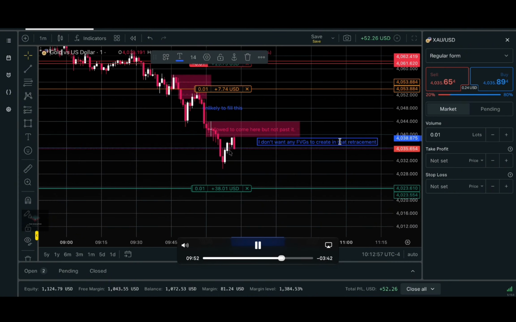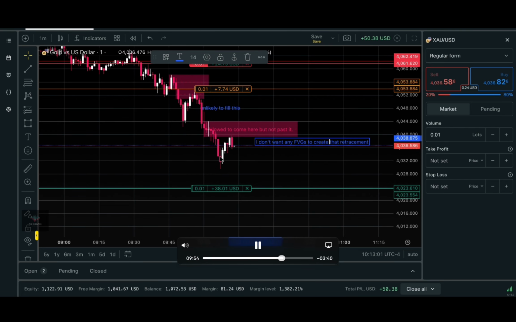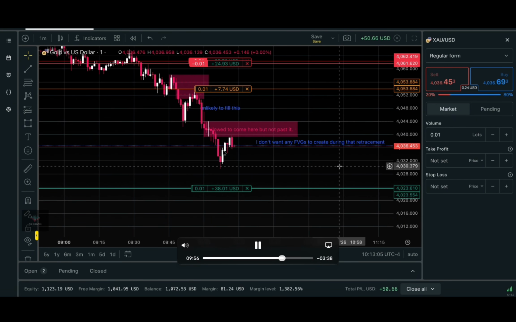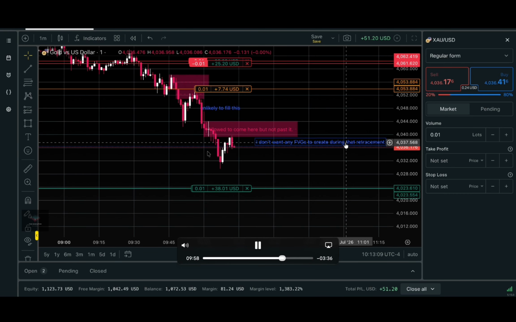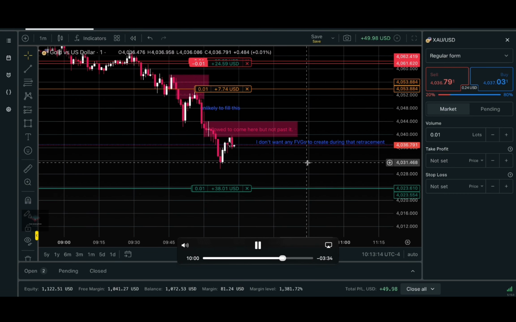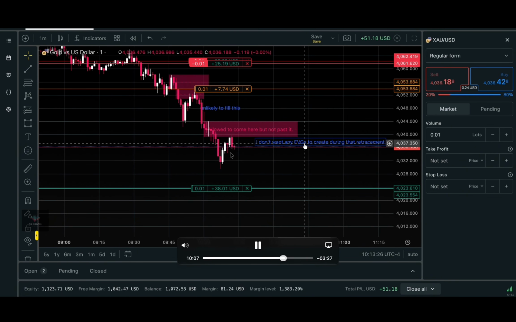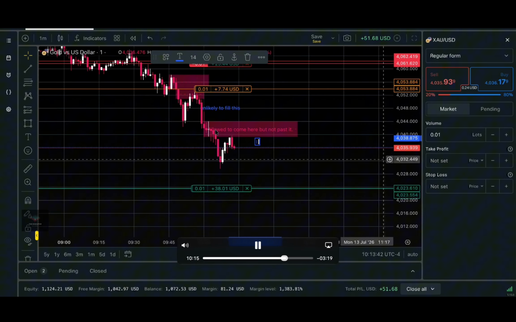I didn't want it to create an order block or an FVG in that retracement. When it does, it makes me more cautious about my trade. You see here what I wrote? Allowed to come here, but not past it.